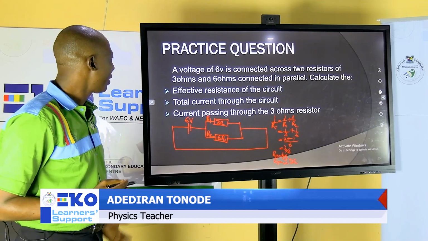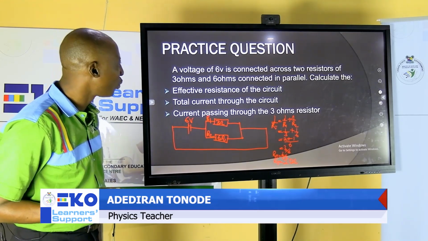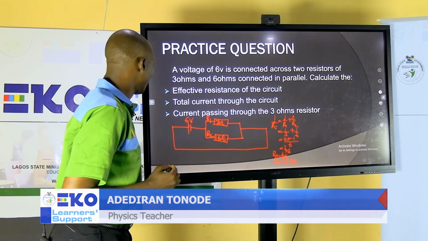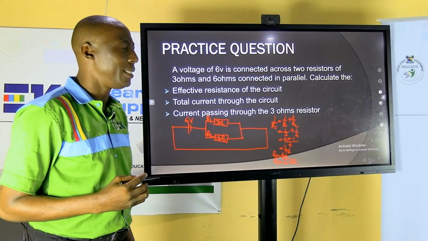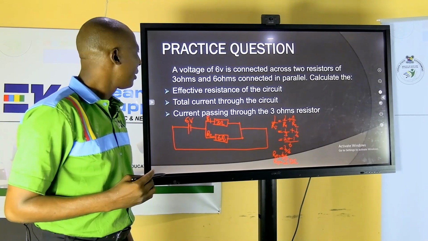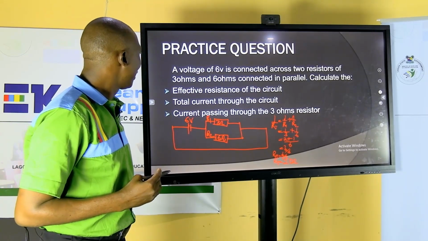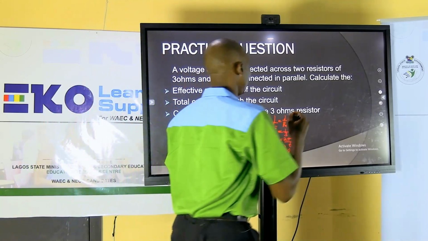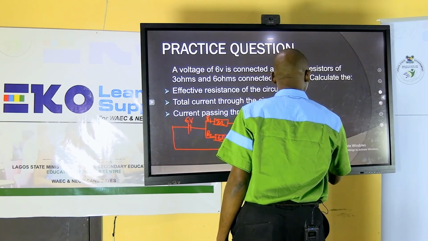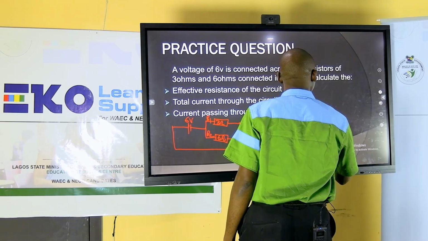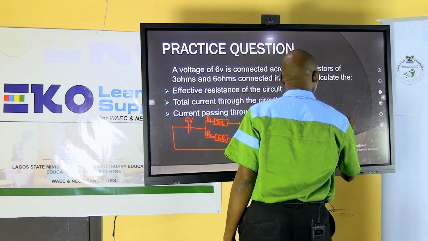2 ohms. The next question, total current through the circuit. If you look at it, we don't have internal resistance. So that means it is negligible. However, we still have to use the equation E equals I into big R plus small r.